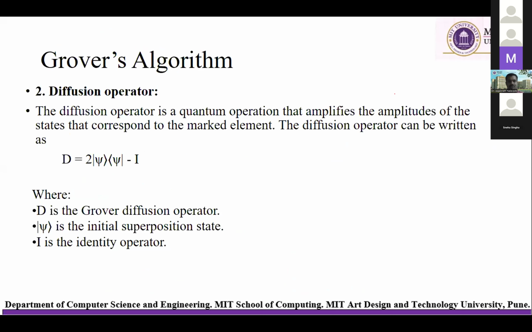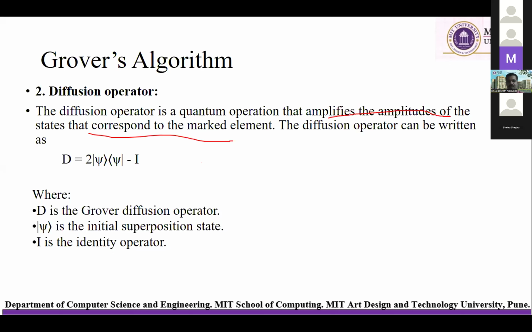Then the diffusion operator. The diffusion operator is a quantum operation that amplifies the amplitude of the state corresponding to the marked element. If any element is marked before this diffusion step, then using this operator we can amplify the amplitude of that state.